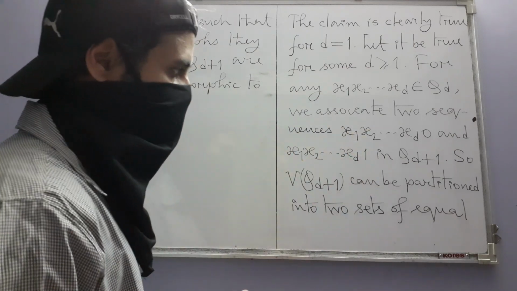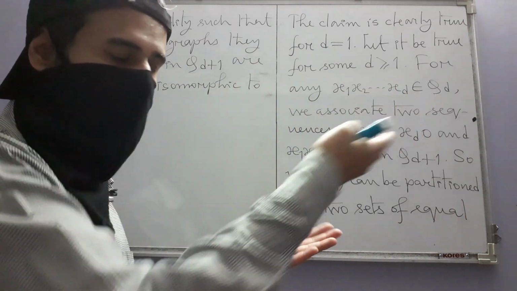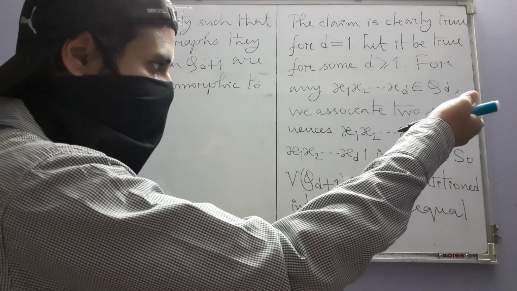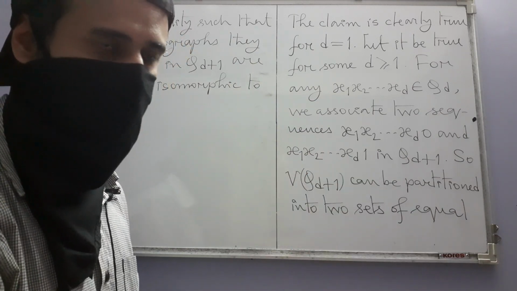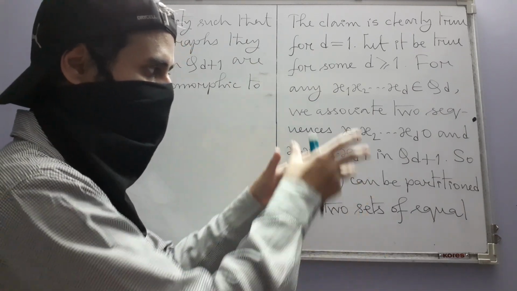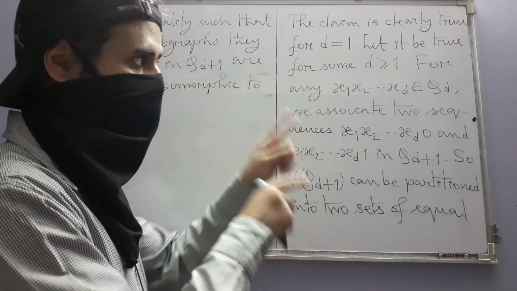Because of this association, for example, Q3 can be, its vertex set can be partitioned into those 4 vertices and below those 4 vertices, so that the subgraphs that these two subsets induce, both of them are isomorphic to Q2.